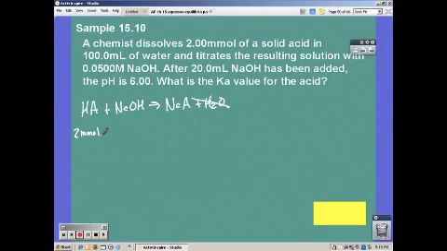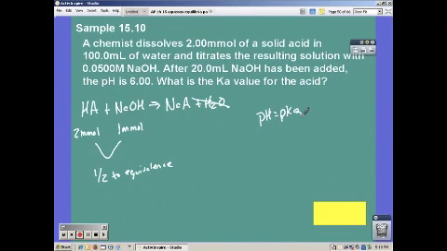We had 2 millimoles and 1 millimole because that's what they gave us. Notice we're halfway to equivalence then. And halfway to the equivalence point, we know pH equals pKa. We know the pH, so then we can find our Ka. And that's how you get 1 times 10 to the negative 6.